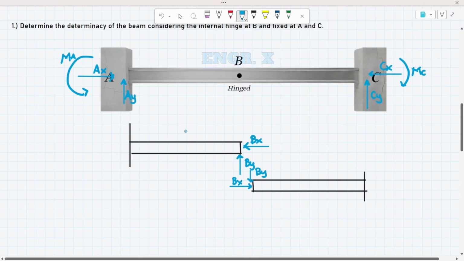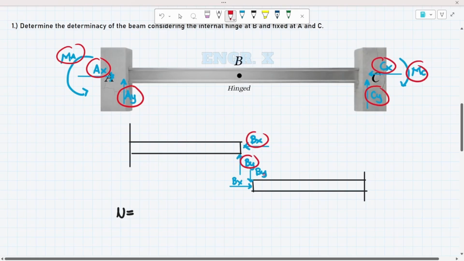Okay? So, with this, malalaman na natin ang ating number of unknowns. So, U, ilan ang unknowns sa beam? We have MA, 1, 2, 3, 4, 5, 6, 7, 8. Question, do we still need to include this one?